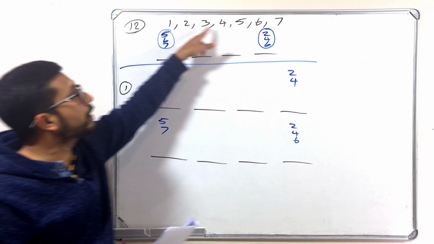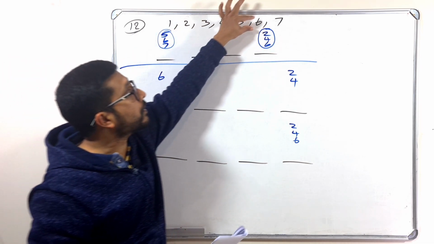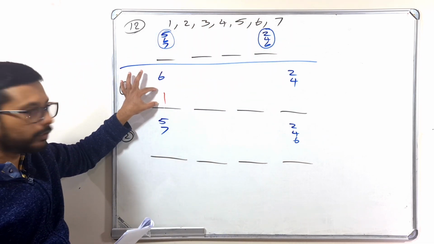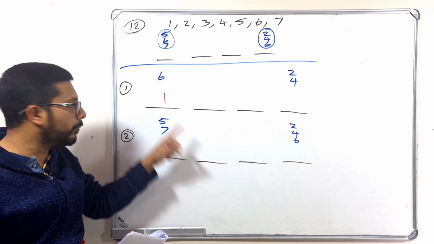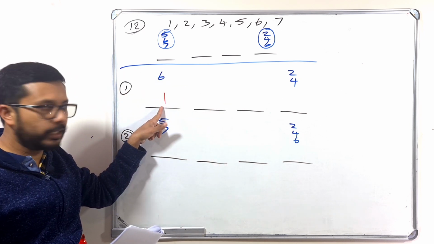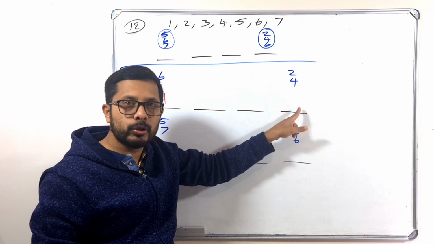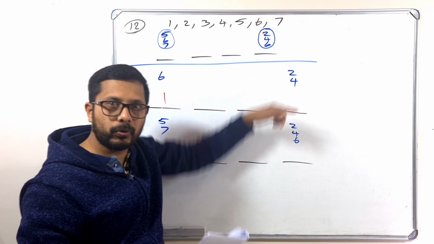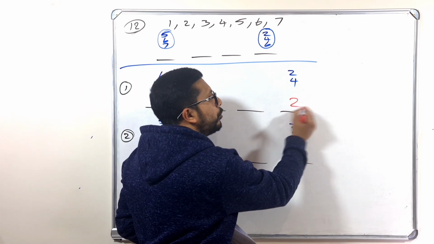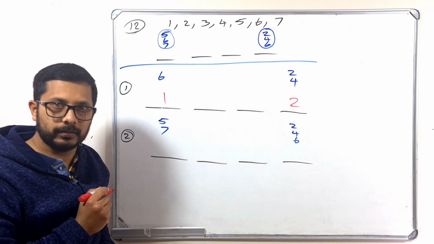I have from these 7 numbers, I must write this 6 here. That means only one option. Then for this position to be filled, how many options I have? Either 2 or 4. That means I have 2 options there.